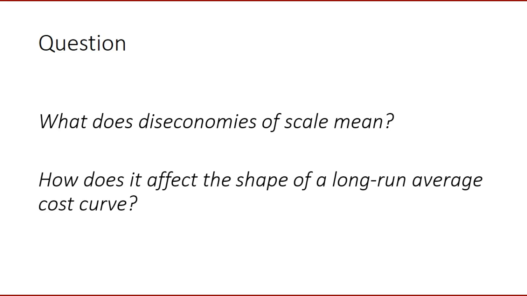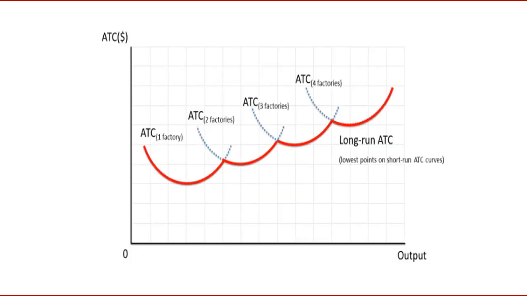So how does this affect the shape of the long-run average cost curve? Well, as we saw before, this is a case where as the firm becomes larger in scale and produces ever larger amounts of output, its short-run average total cost curve shifts to the right, but up as well. Right up, right up.